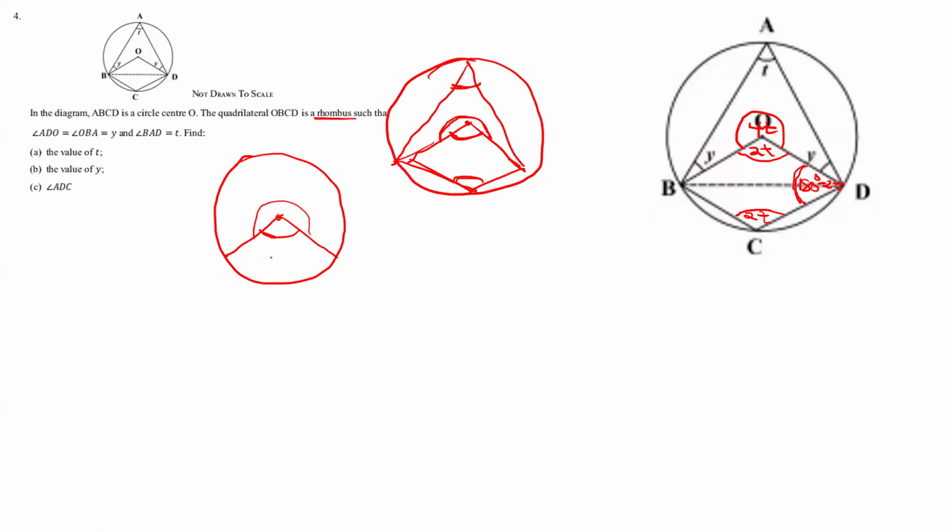So if this is A and this is O and this is B, if I say angle AOB, then I'm talking about this angle. But if I'm referring to this angle, then I have to say reflex angle AOB. So angle AOB, we have two: this small one here and the reflex one. If I don't qualify it with reflex, then I'm referring to this one. Otherwise, I have to qualify it if I'm referring to the other one. Is that clear?